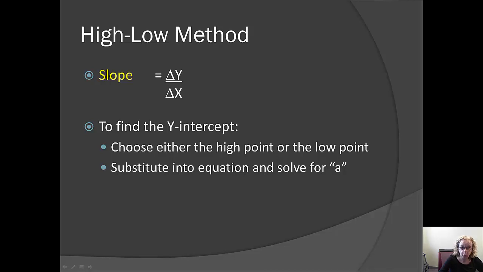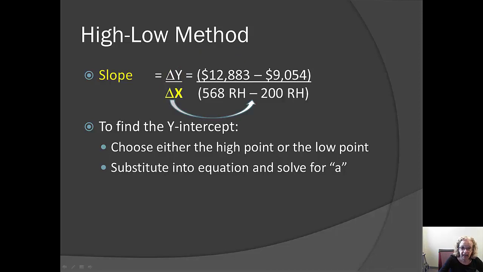The change in Y is the difference between the cost at the high point and the cost at the low point. The change in X is the difference between the number of repair hours at the high point and at the low point. When we crank that out, we get a number, 10.40.